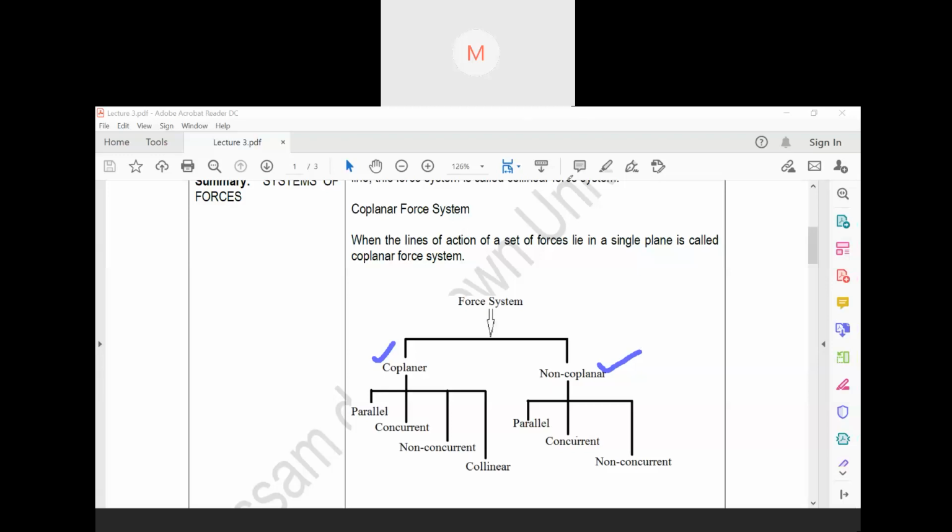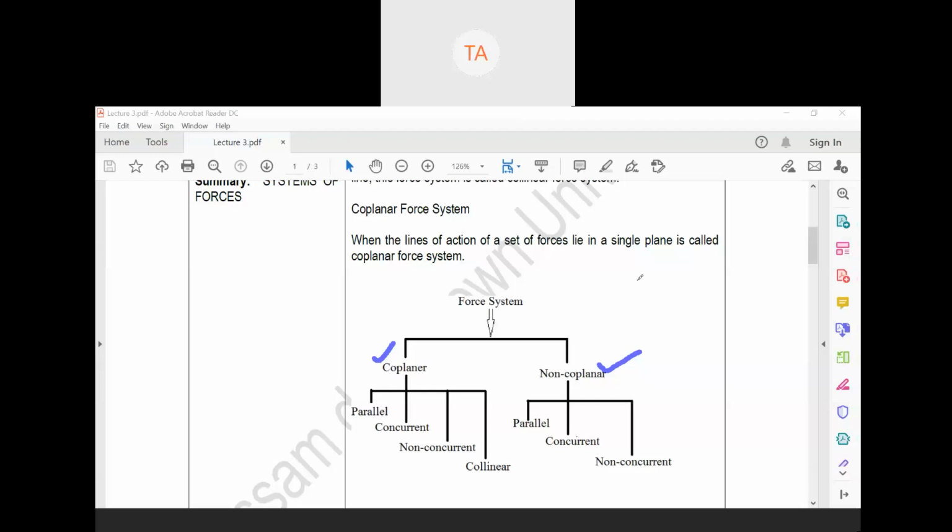Yeah, people are not attending or what? So many people have joined, but only a few have responded. Why? Because if we keep in the unmute mode, then we will get some network problems.